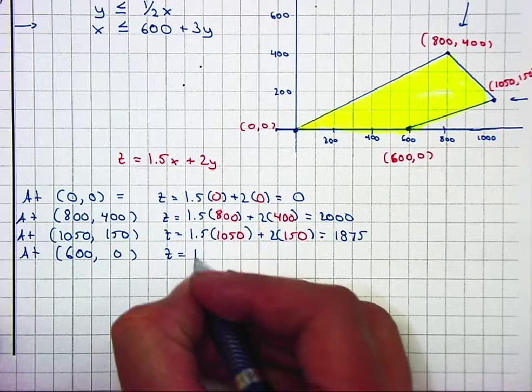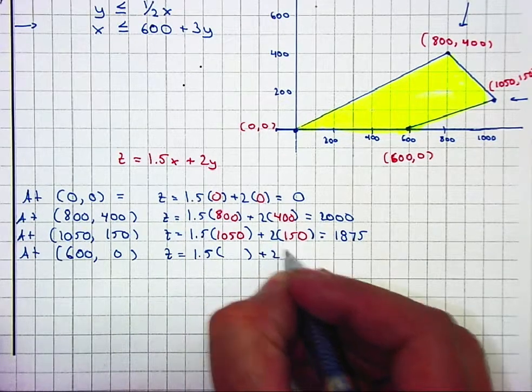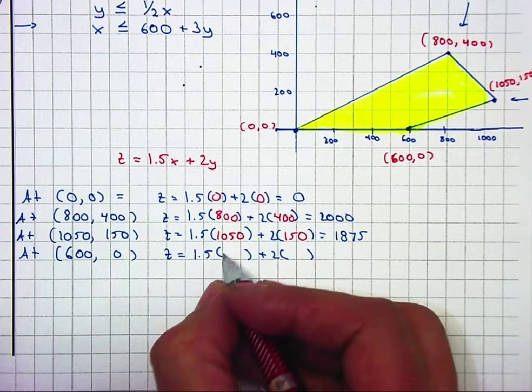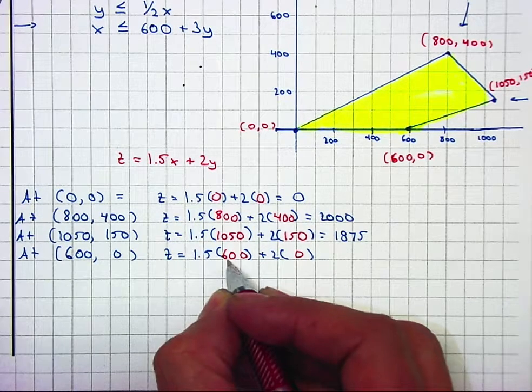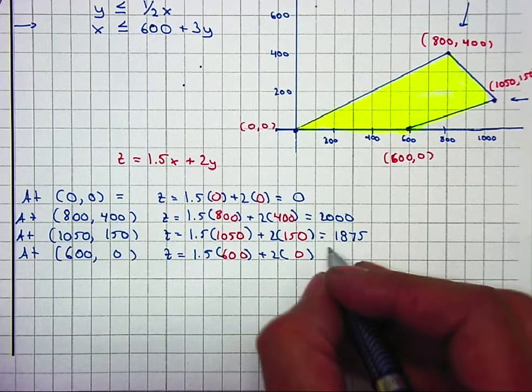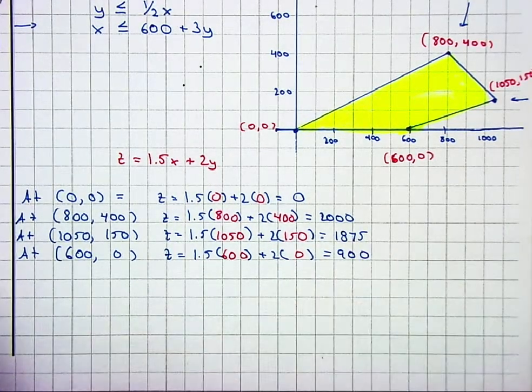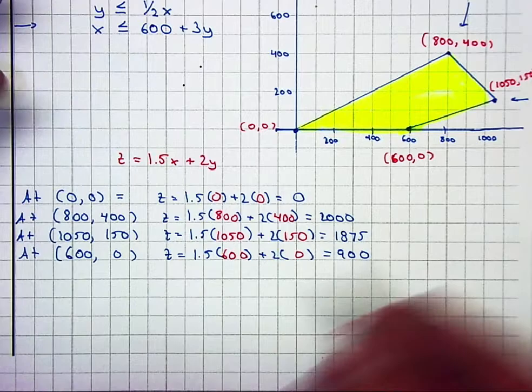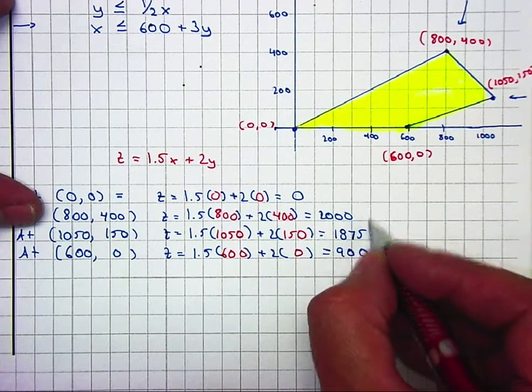My z value, 600 plus 0 will be 600. So from there, you can tell, just like we said, our maximum will come from those two.